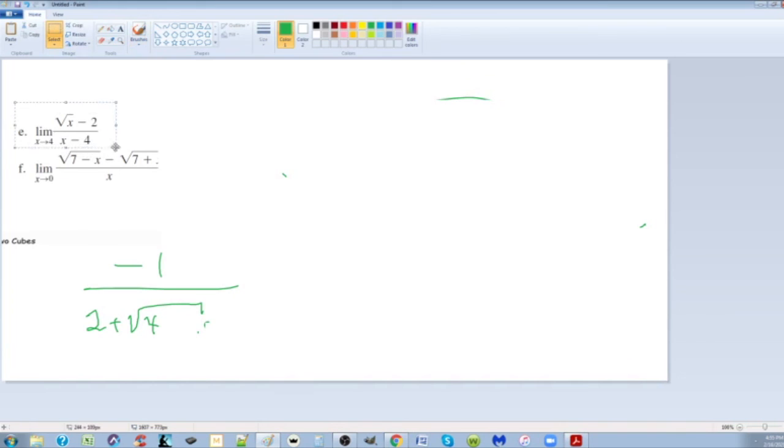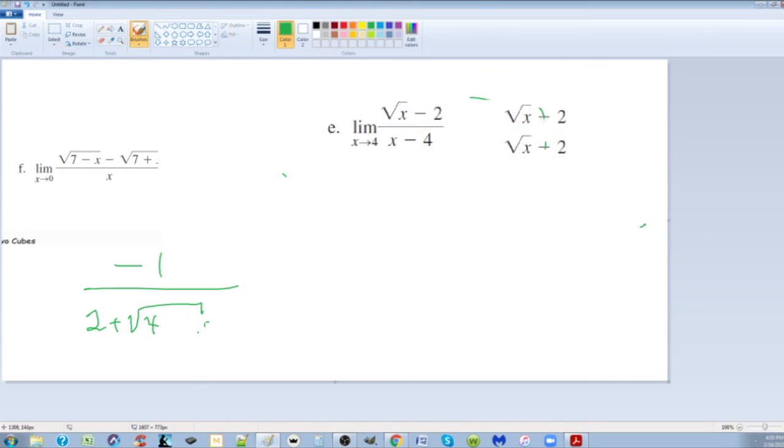And you're going to discover these are also solved with conjugate. So I'm going to multiply the top and bottom by the conjugate, and treat this like it's in a bracket. And when I multiply the top by the conjugate, I get x minus 4, because this times itself becomes x, and this times itself becomes minus 4.